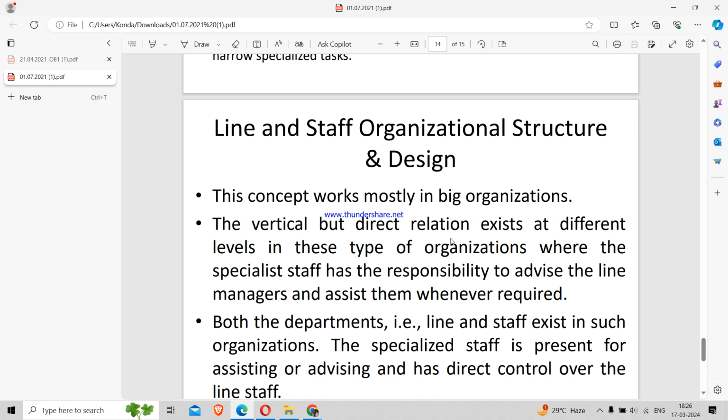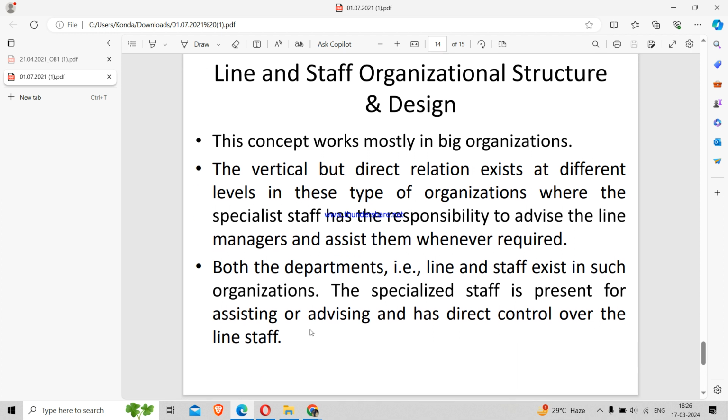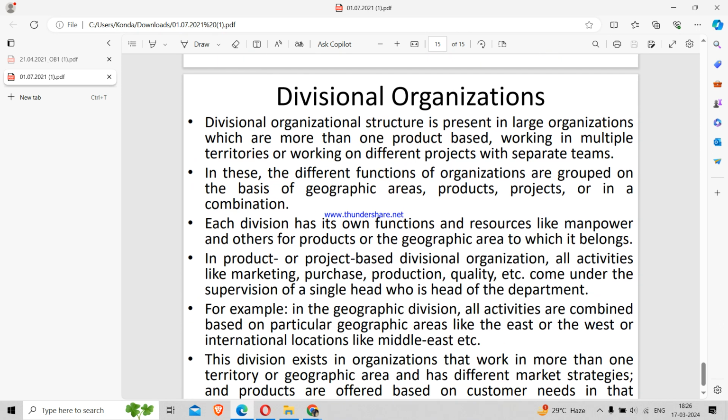So the vertical but direct relation exists at different levels in this type of organization, where the specialized staff has the responsibility to advise the line managers and assist them wherever required. So this is the very basics in which the line and staff organizational structure and design works. Both the departments, that is line and staff, exist in such organizations. The specialized staff is present for assisting or advising and has direct control over the line staff.